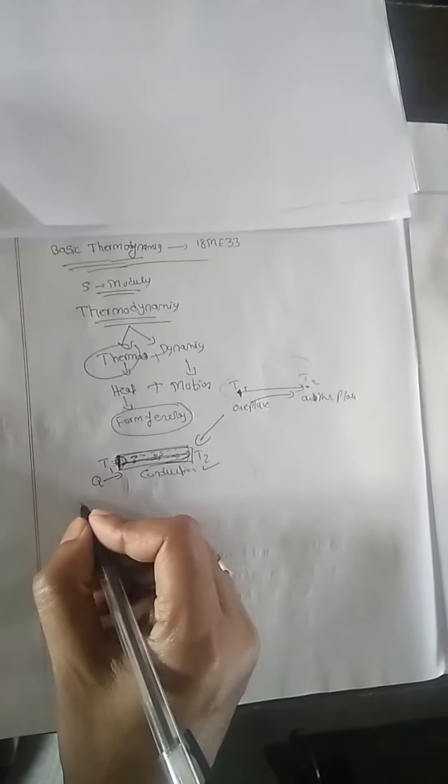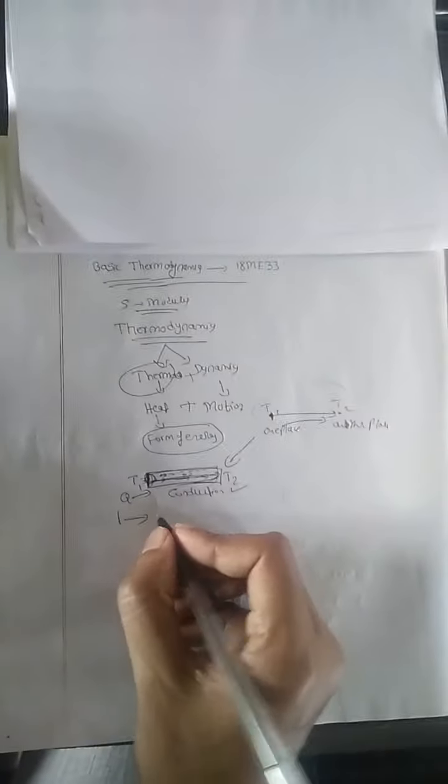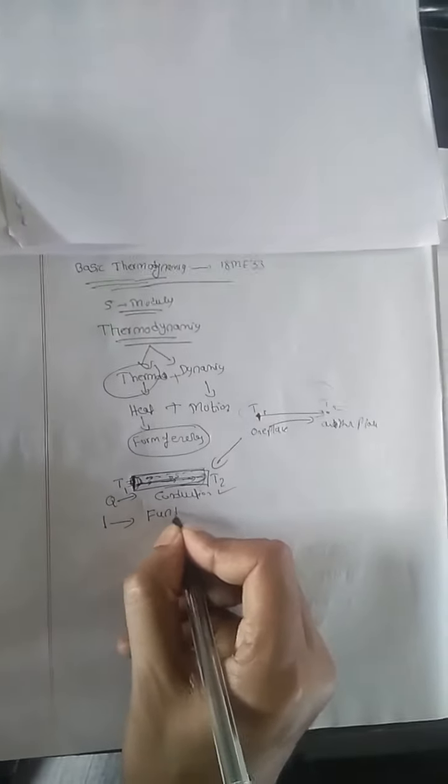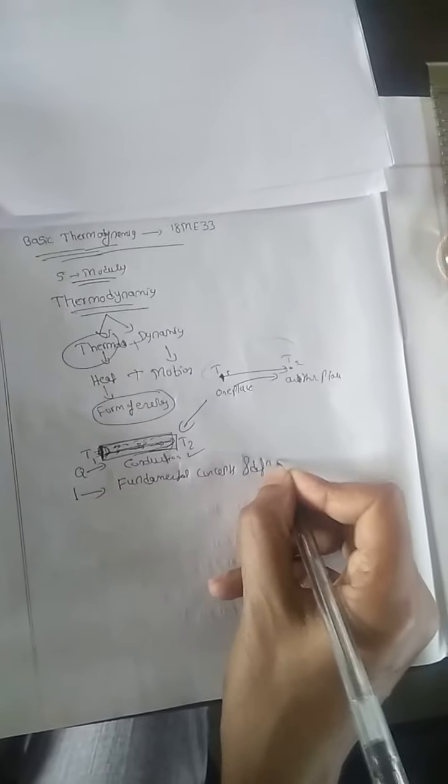Now we have to discuss the modules. What is module number 1? In module number 1, you have to study fundamental concepts and definitions. What are the fundamental concepts here?